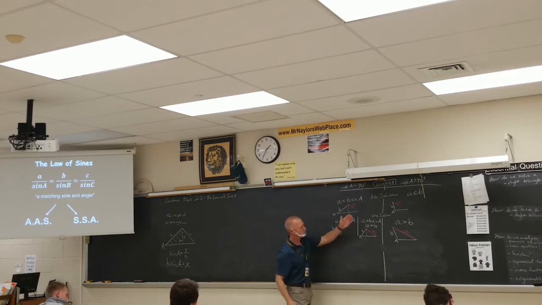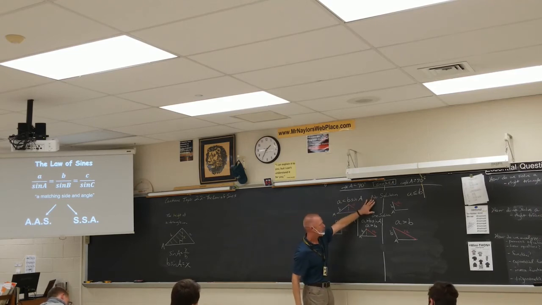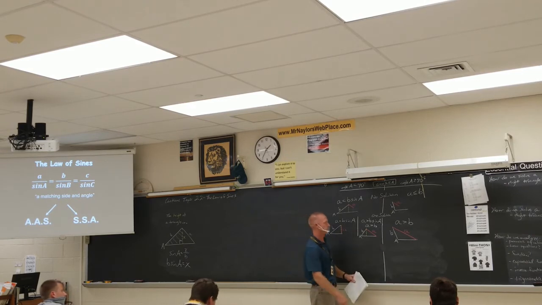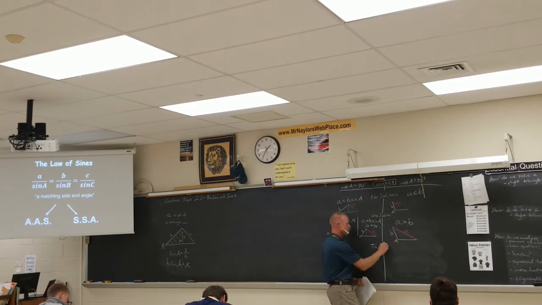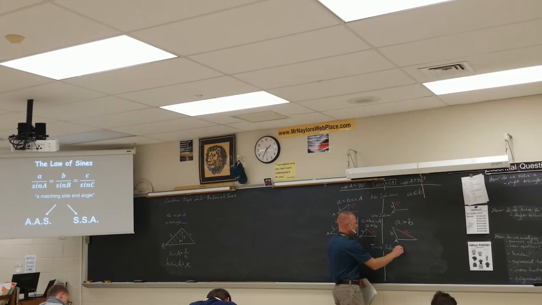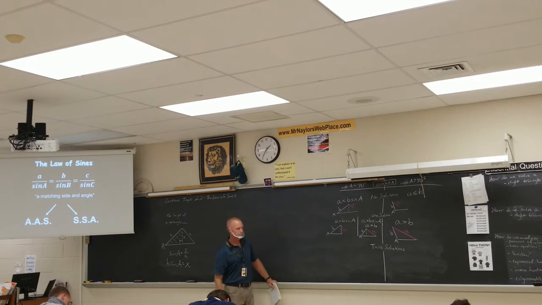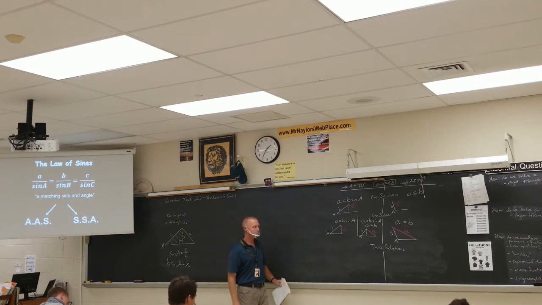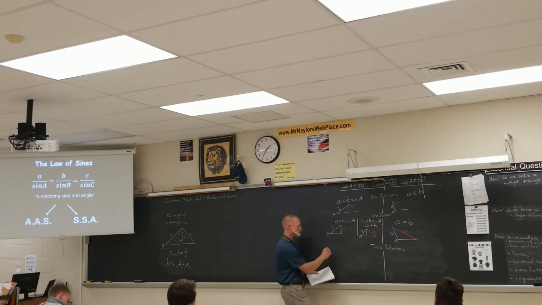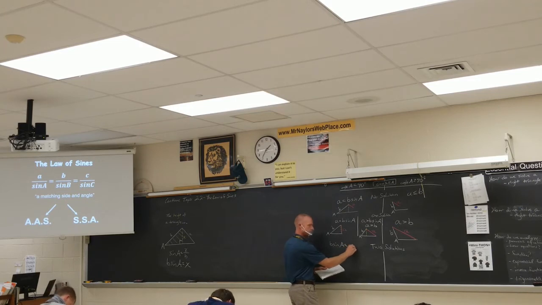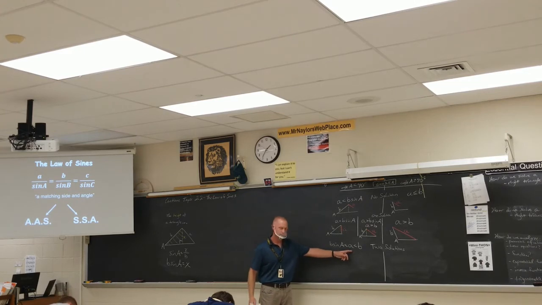All right. Well, you kind of see the pattern here. No solution, one solution, two solutions. Say what? What do you mean two solutions? Well, what I mean is that I could give you a side and an angle, and it actually could create two different triangles. That happens if B sine A is less than A is less than B. We usually write that as a compound inequality.